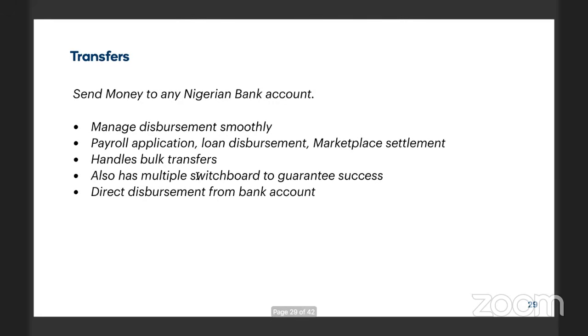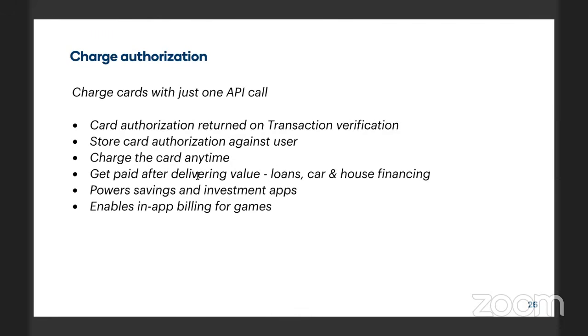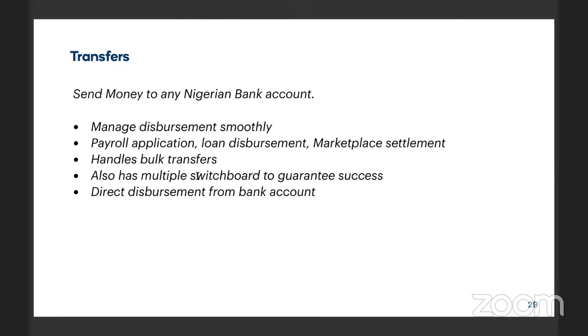Yeah, so moving on, another thing that we started seeing was very necessary to have was transfers. Yeah, so the way our transfers work is you can send money to any bank account in Nigeria. And this is very, very important because this enables a lot of use cases, right? So for me, between charge authorization and transfers, you can build whatever payment product you need, right?